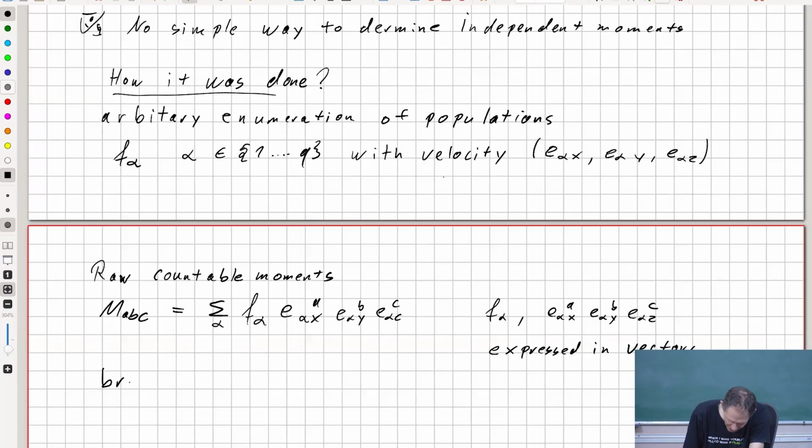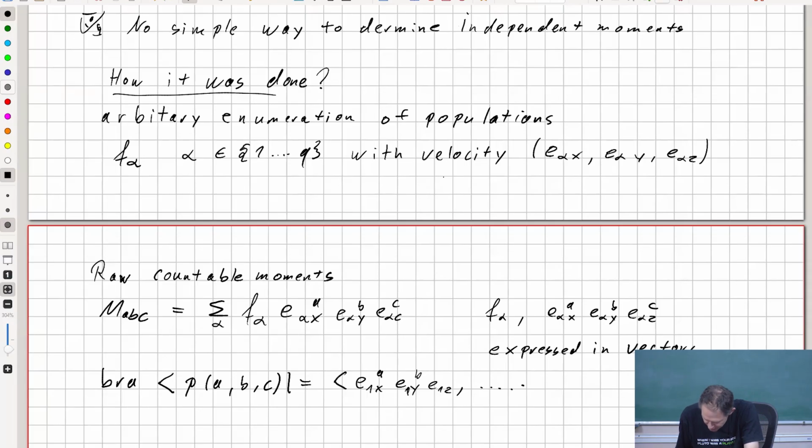Namely, in a bra vector, so bra P_abc is equal to the components, sorry for my confusion, the alpha parameter is the first: E_1x to the power of a, E_1y to the power of b, and E_1z to the power of c. This goes on until E_qx to the power of a, E_qy to the power of b, and E_qz to the power of c.